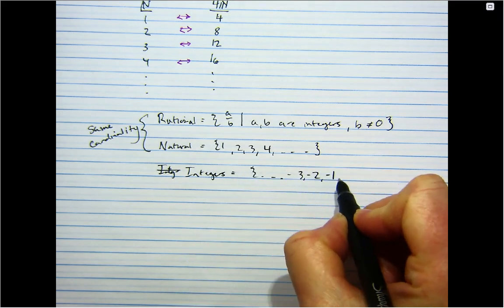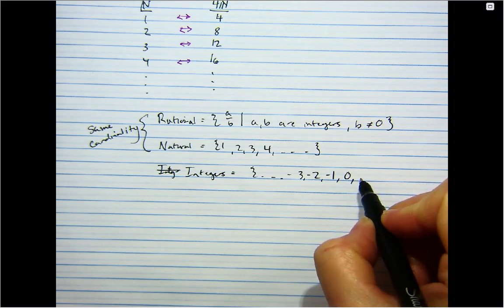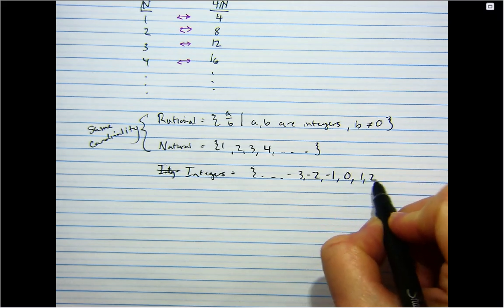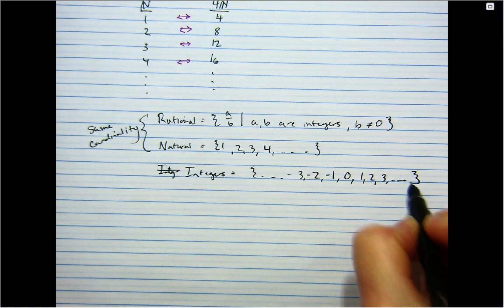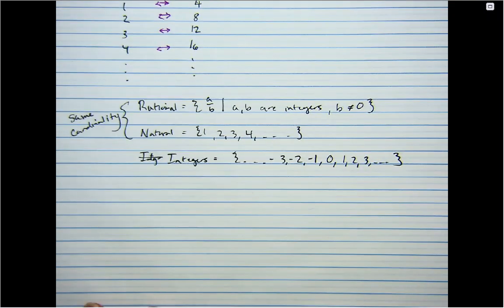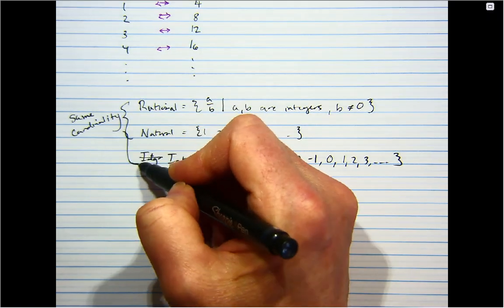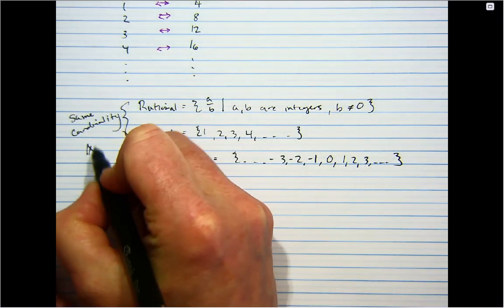So the integers are the negative natural numbers, 0, and then the natural numbers. So here again you have a set that has the natural numbers inside of it, and yet we were able to come up with a one-to-one pairing. It did take some work, though. So these all have the same cardinality as the natural numbers.